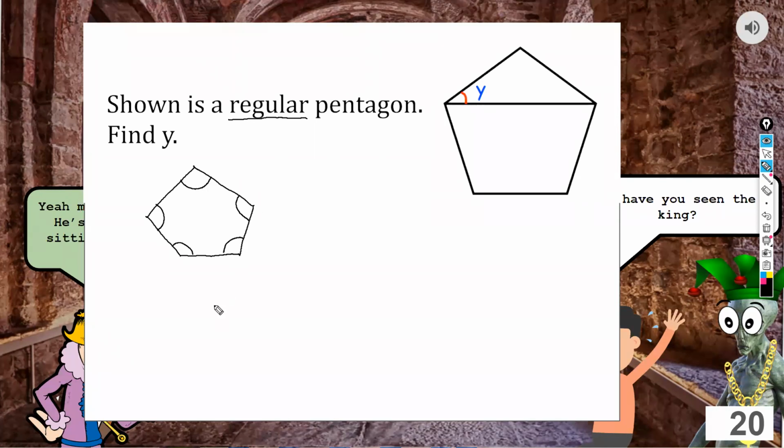So what you need to do first in order to find y is find the size of each of these angles first. Do you all think you can do that for me? Go back to last week's formula and see if you could reason out the size of each of those angles, right?